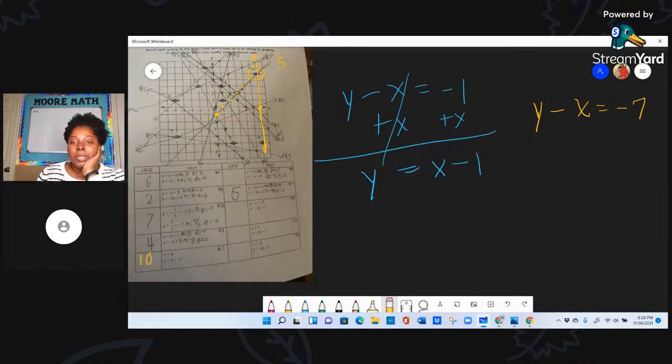Okay, so let me know what the slope is that you get and the y-intercept for the first one, for this one. Y minus x equals -7. What's your slope and what's your y-intercept?